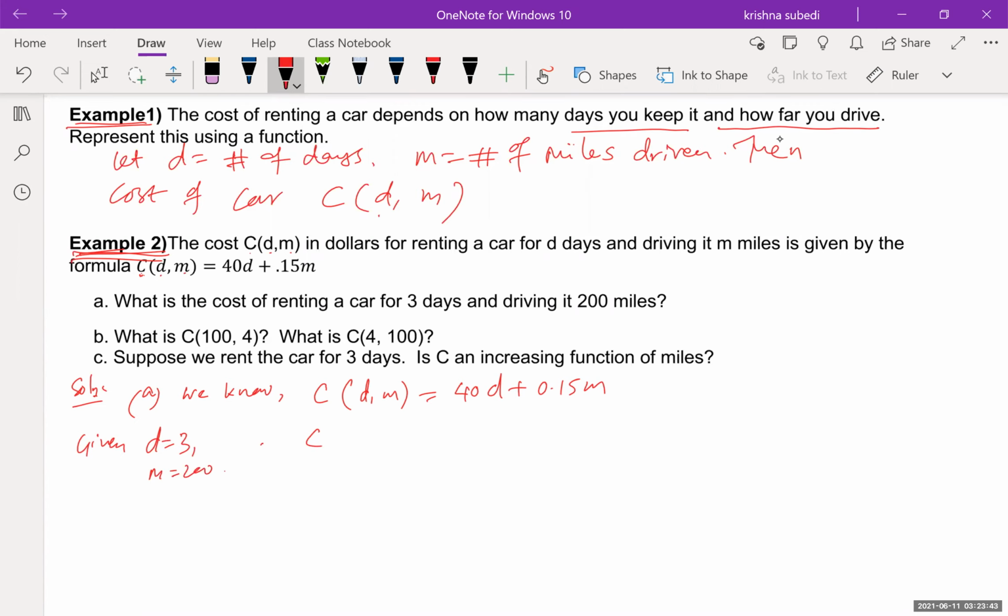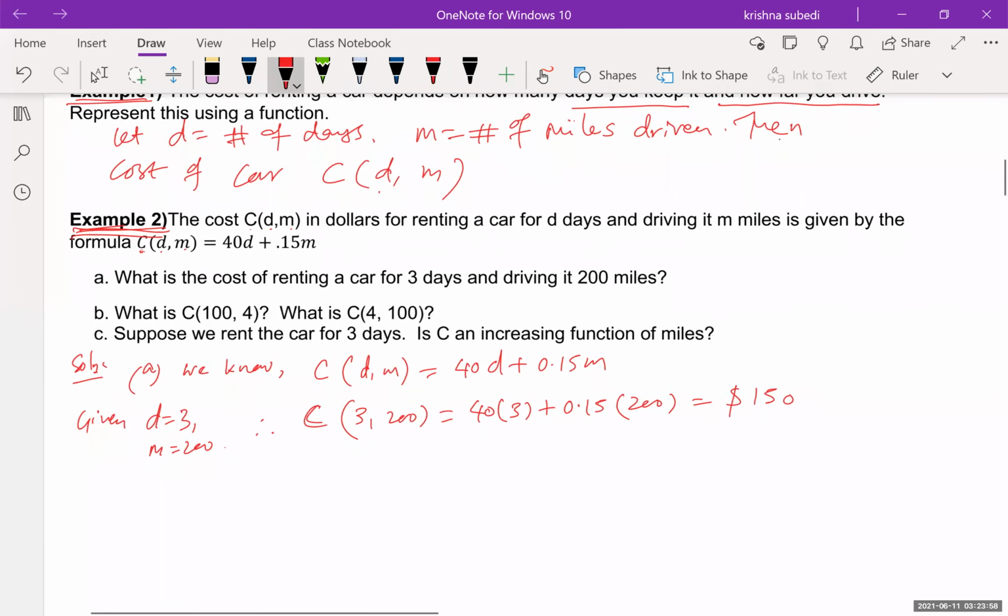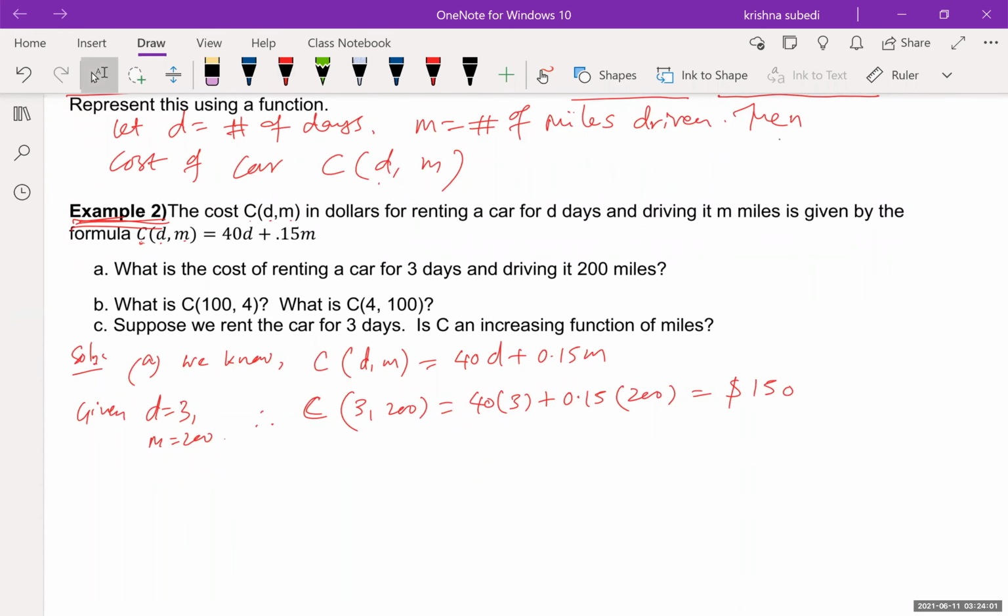So therefore, your C(3, 200) is going to be 40 times 3 plus 0.15 times 200, and that's going to give you $150, right? That's it.